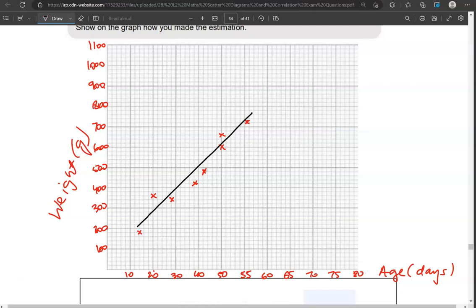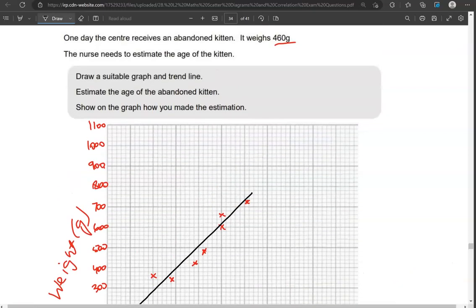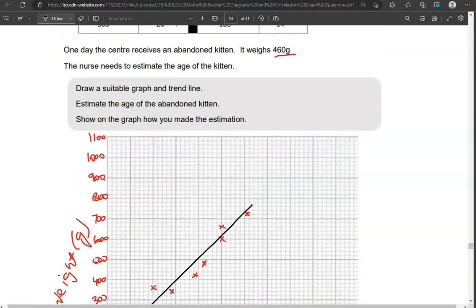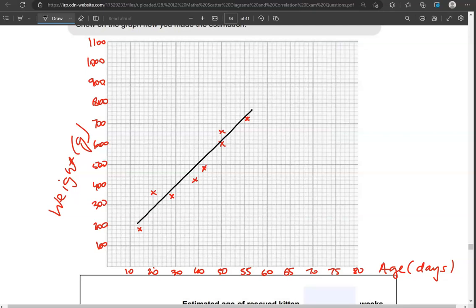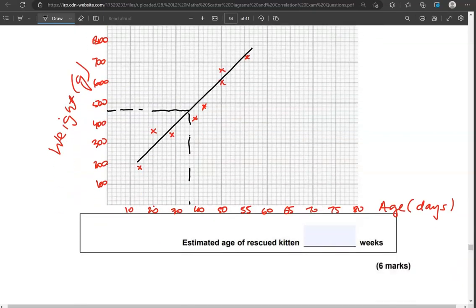Drawing the line of best fit, we can now estimate the age of the kitten that weighs 460 grams. So 460, that will be 36 days old.